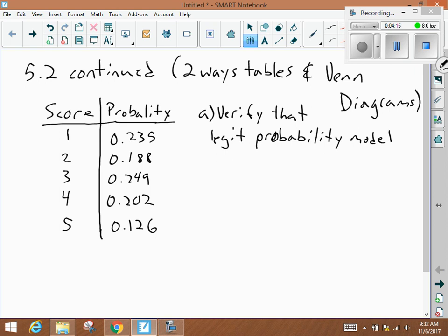It is the case, right? So if I add those, all probabilities add to 1. So that checks it out. Hey, let's look at B. Second thing we need to look at with this.